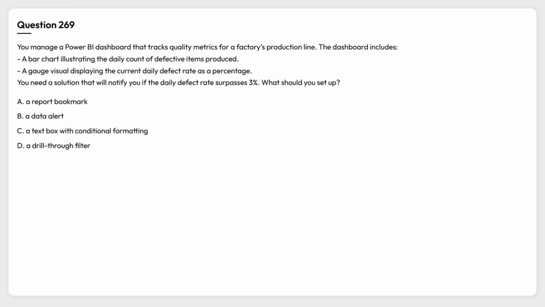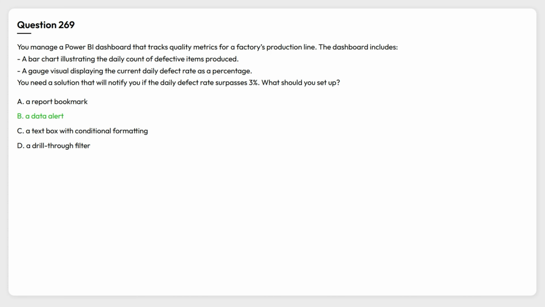You need a solution that will notify you if the daily defect rate surpasses 3%. What should you set up? Option A, a report bookmark. Option B, a data alert. Option C, a text box with conditional formatting. Option D, a drill-through filter.